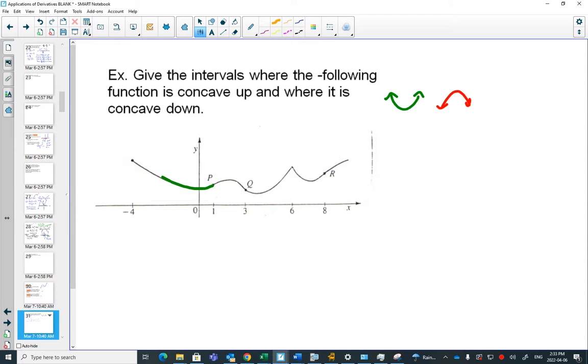This section here is concave up. This section is concave up. This section is concave up. These sections are concave down. And so that would make points R, Q, and P inflection points.